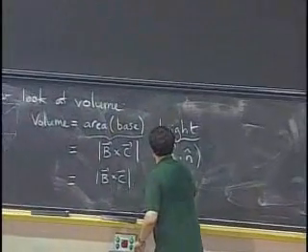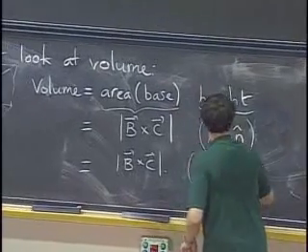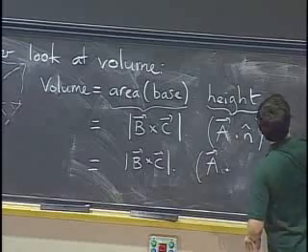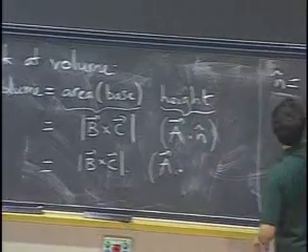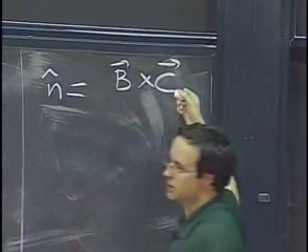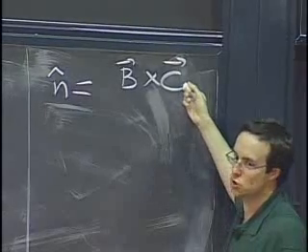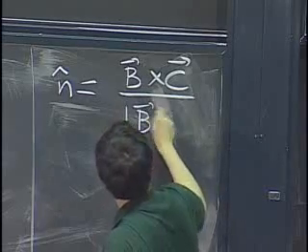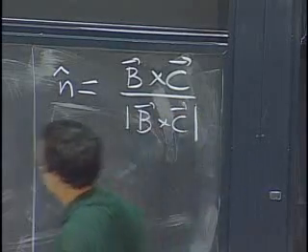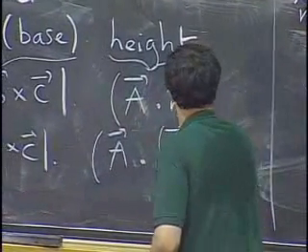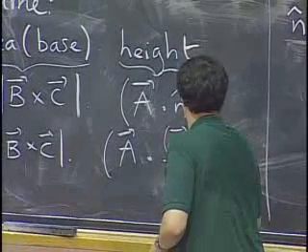And this one is, so I claim, maybe I should do an aside here, n can be obtained by taking B cross C, well, that points in the right direction, but it's not a unit vector. How do I get a unit vector? I divide by the length. So I take B cross C, and I divide by length B cross C.